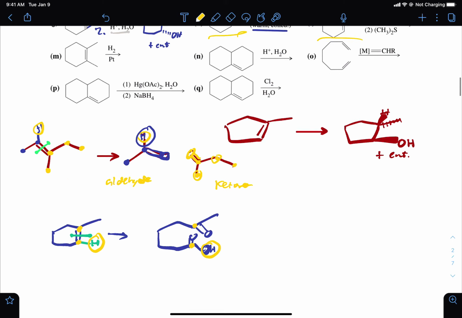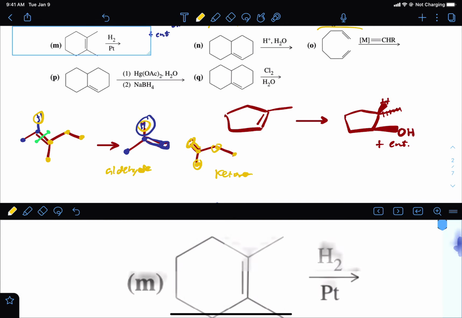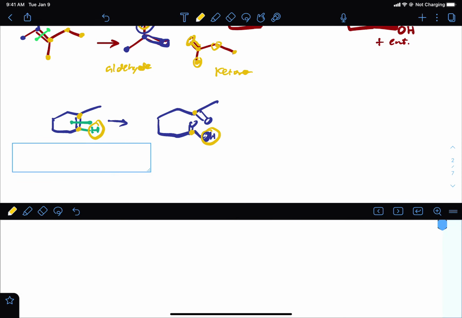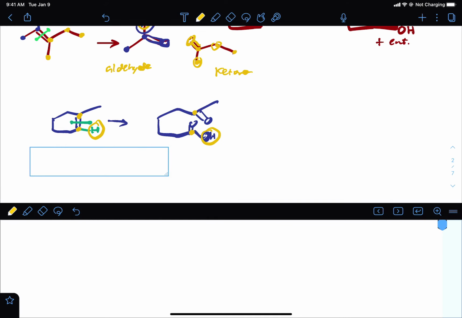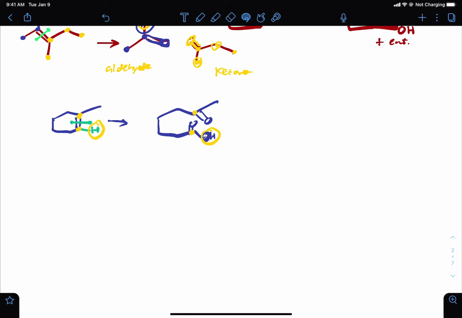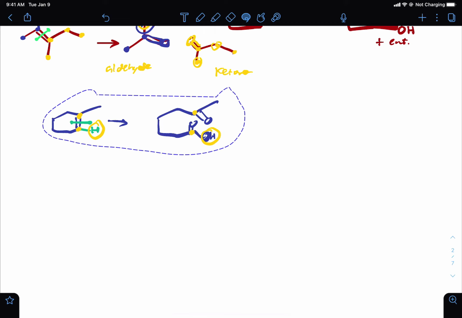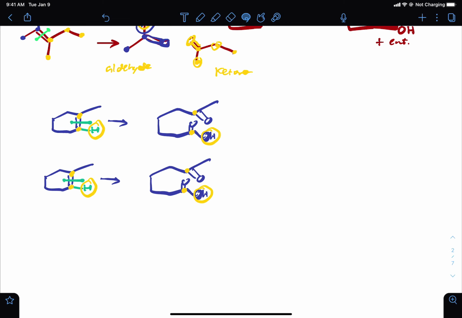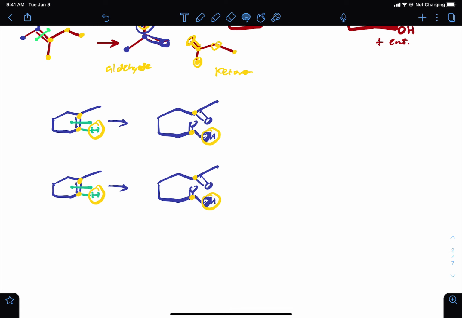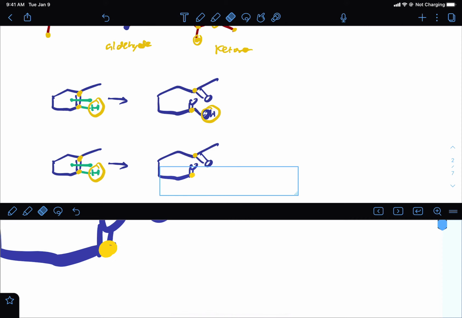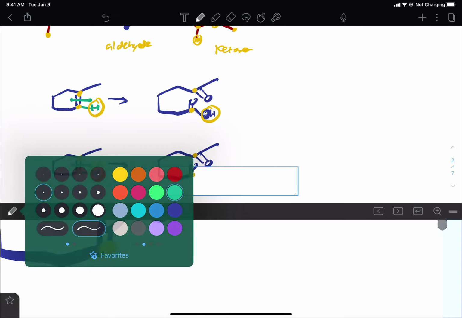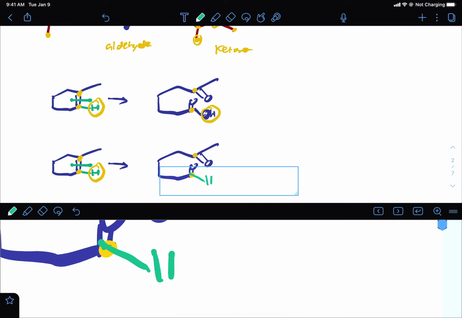So whereas with KMnO4, we converted that green H there into an OH, with ozonolysis, we're going to cleave it the exact same way, but we're going to leave that green H there.